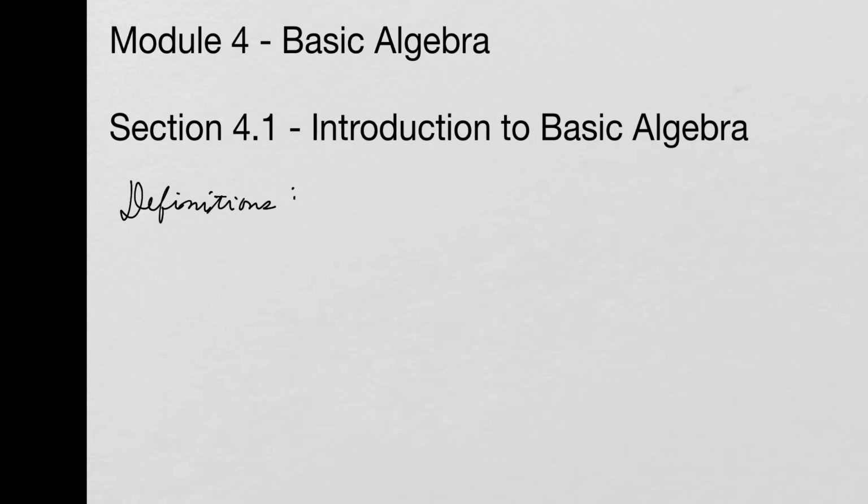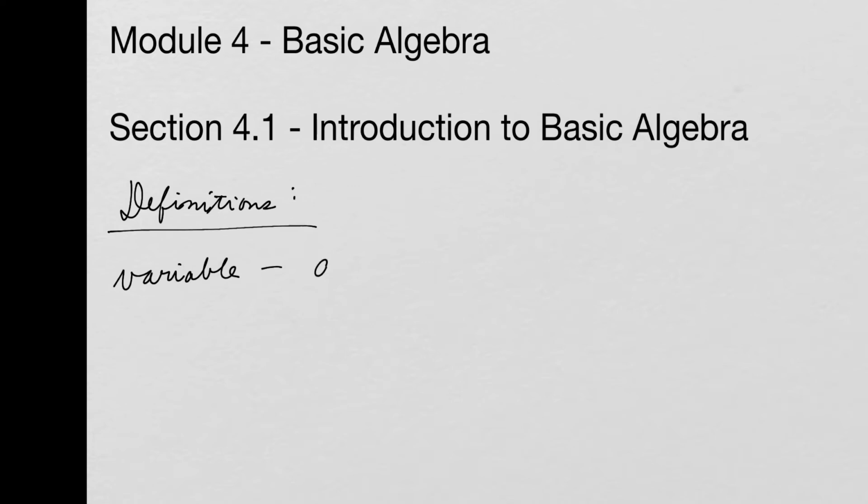So the first definition I want to give is the idea of a variable. A variable, you can think of it as a letter. Typically we use X, but really you can use any letter you want. And that letter represents an unknown number.